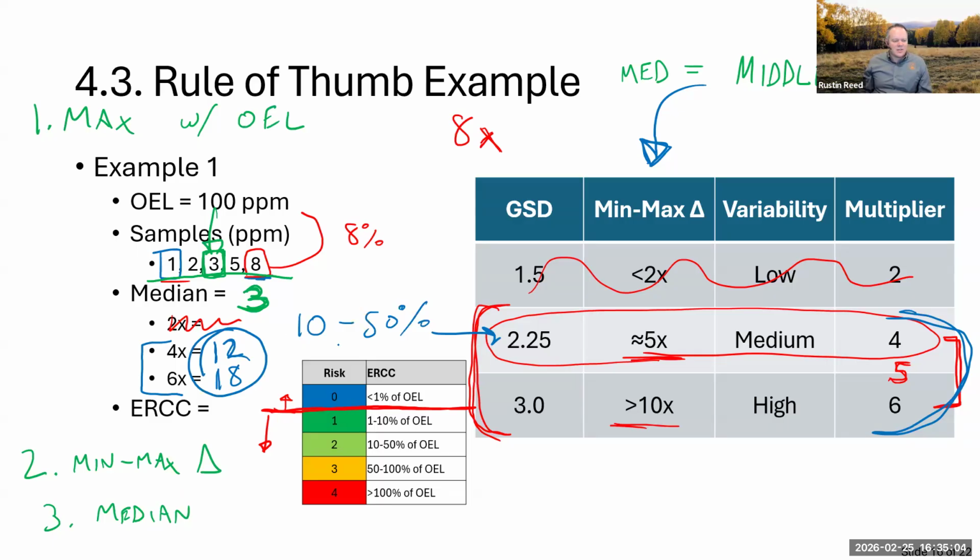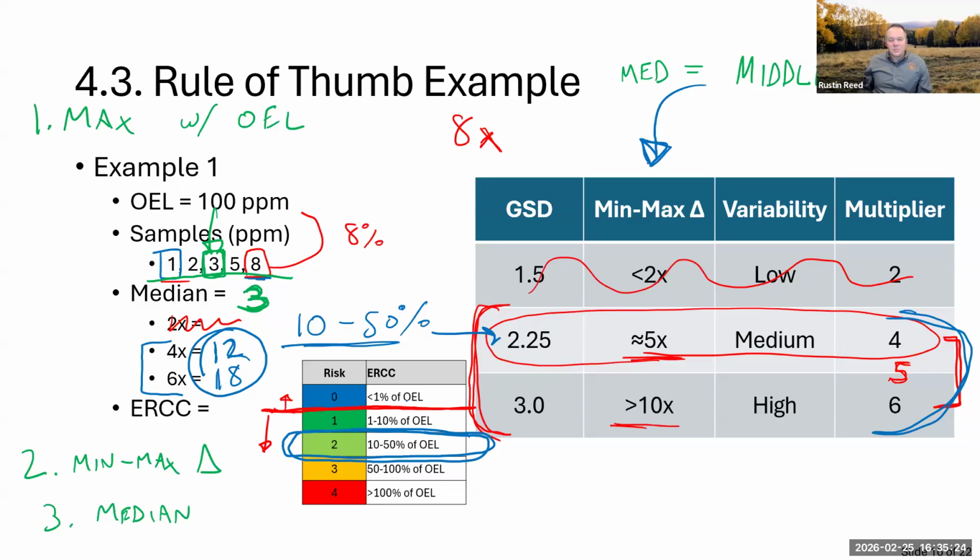Both of them are in that 10 to 50% range. And if I look at my table, that is this category right here. So whether it has medium variability or high variability, at least in this example, it doesn't matter. They both fall in that category.